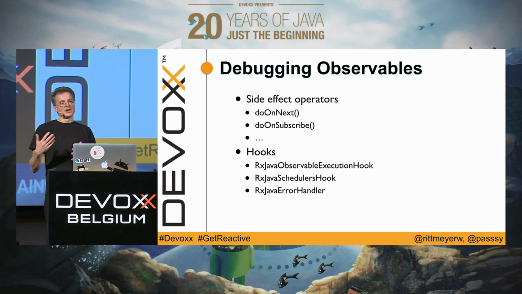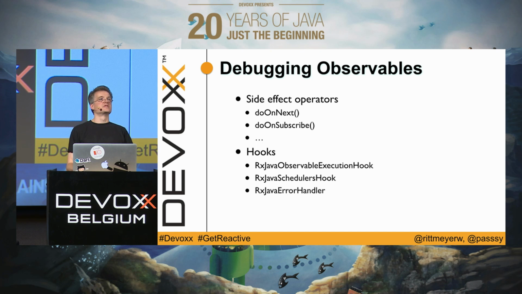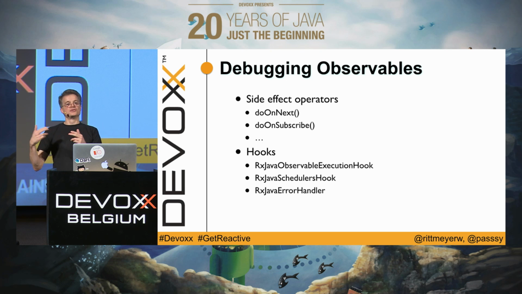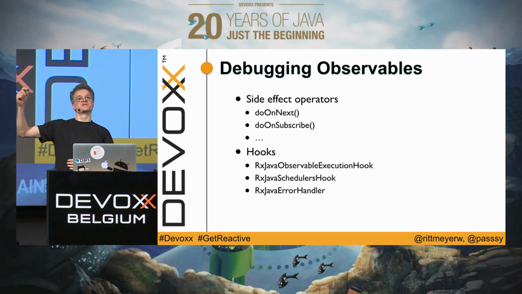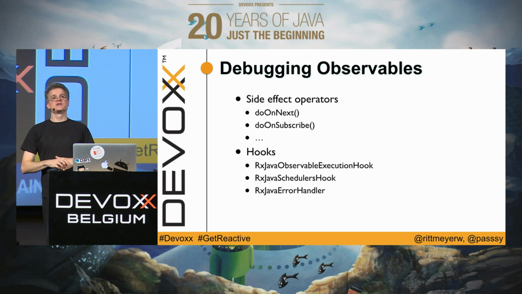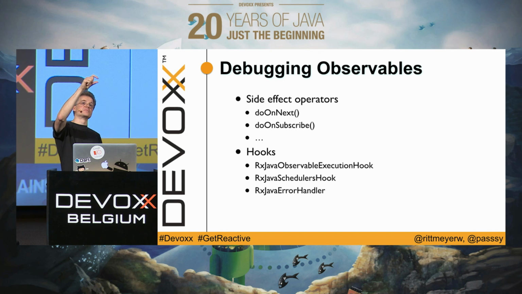So you have other means to work around this limitation. You could use the doOnNext call, for example, to listen to the current state of the observable. If you use a doOnNext call within your chain of operators, whenever the observable above this doOnNext call emits an item, it will be passed to it.